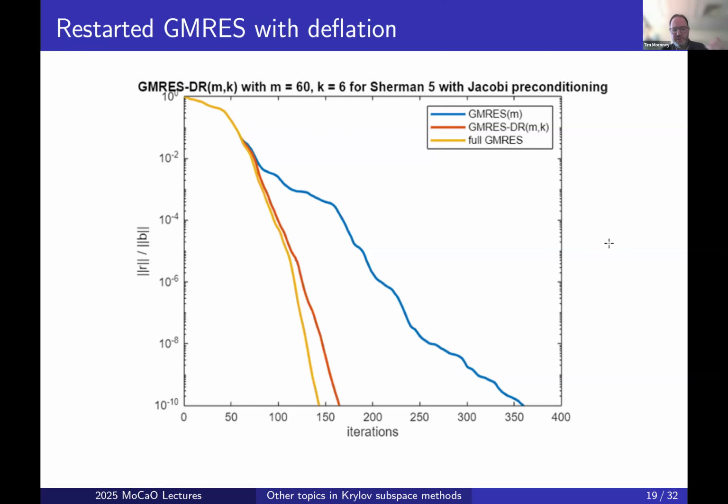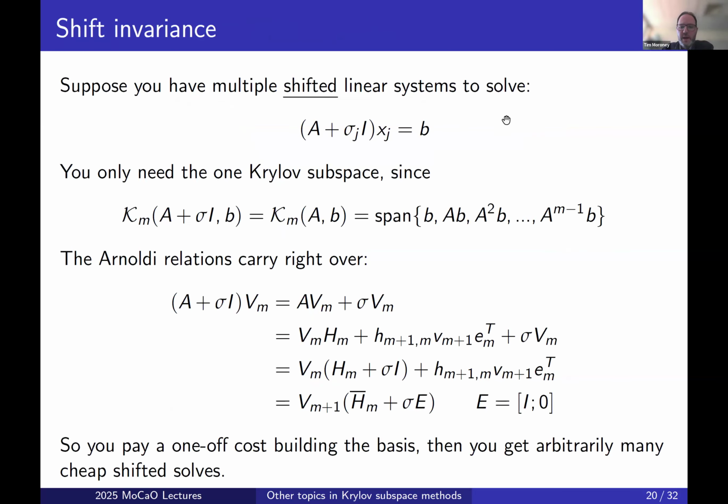So you're getting this extra source of deflation by not throwing away the whole of the space. Instead of restarting with one vector's worth of information, which is r0, we're starting with another 6, which are those harmonic Ritz vectors. That makes sense. You give it more information and it can do a good job with it.